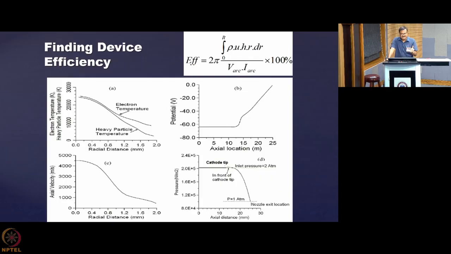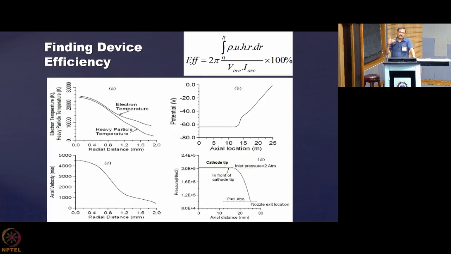So that is basically giving you the energy that is coming out per second through that annular channel between r and r plus dr. Now if you integrate that from r equal to 0 to capital R, so that is the whole volume of the cylinder, this integration will give you the total amount of energy that is coming out through the plasma per second.